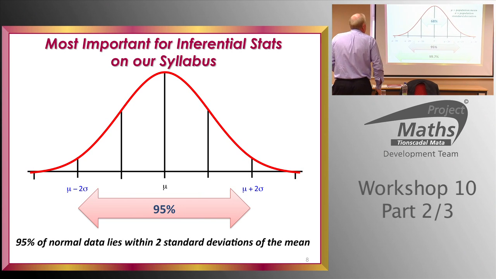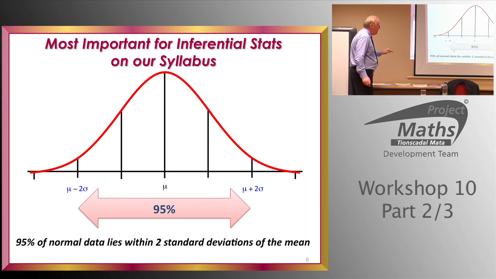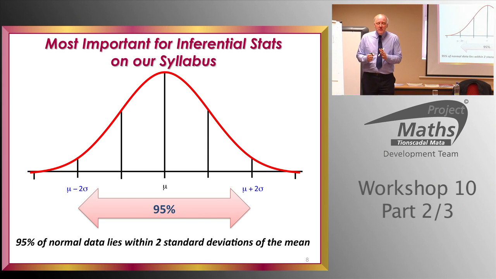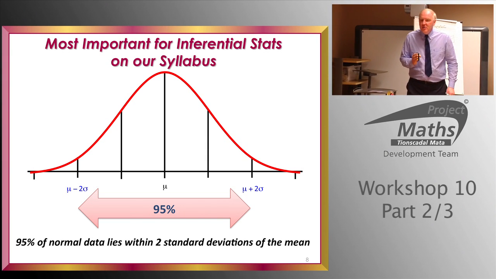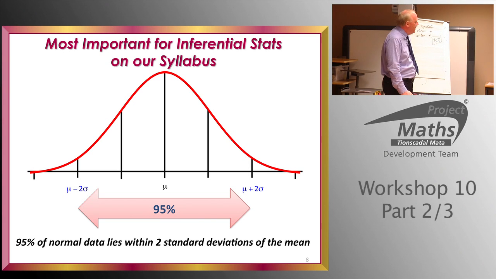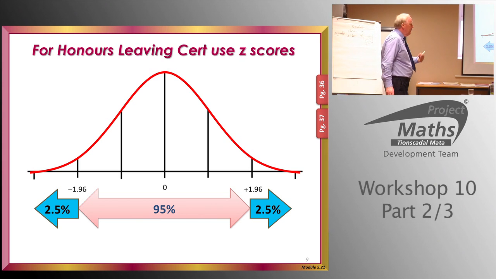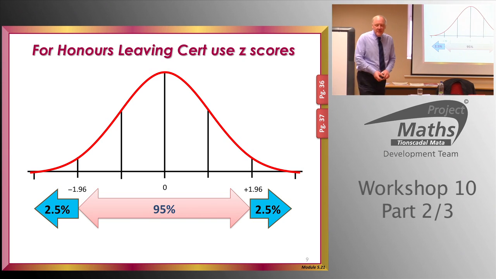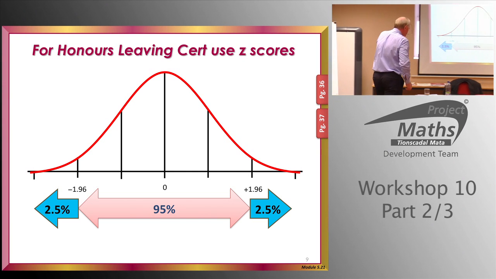Now, most important for inferential is that 95% of normal data lies within 2 standard deviations of the mean. And that's what's important for us. 95% of normal data lies within 2 standard deviations of the mean. Now, for your higher level, we may have to go a little bit further.